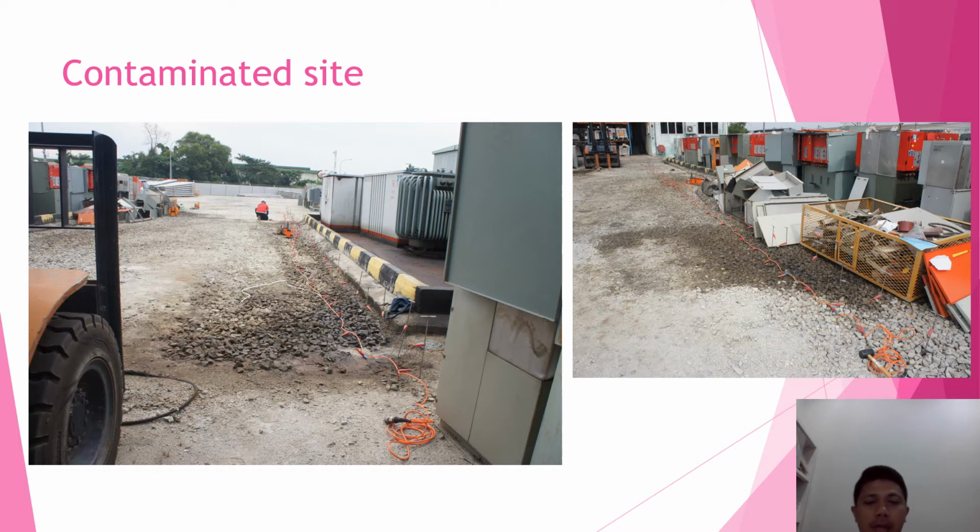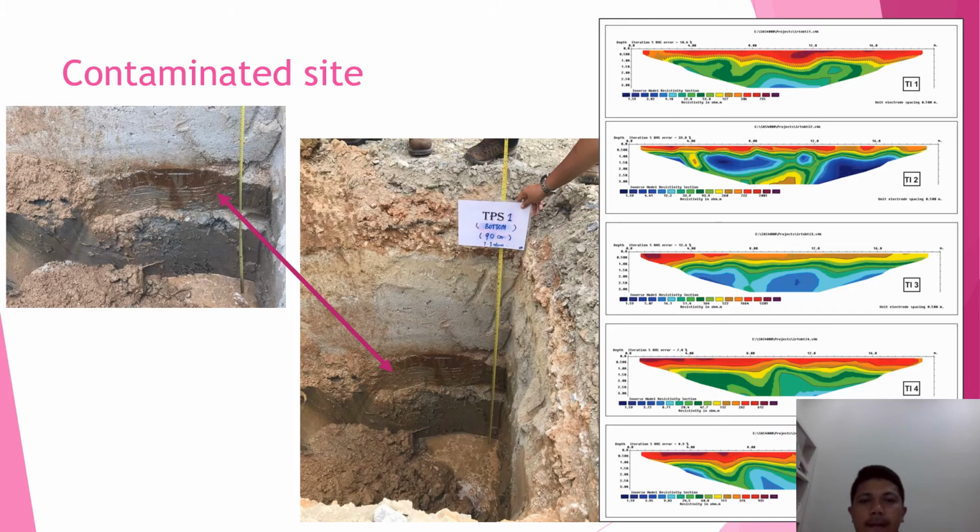Okay, so can you imagine this is a store where they put the transformer, and then the oil leaks to the surface, and geophysicists can help them look at the thickness of oil that already contaminated the soil.